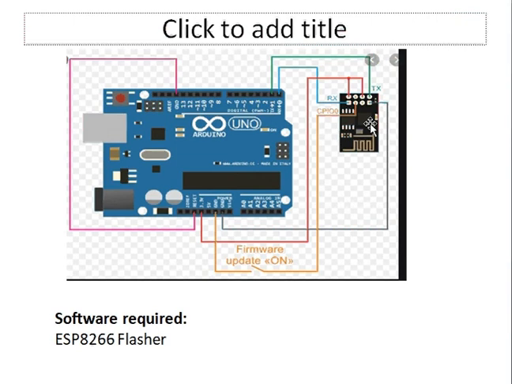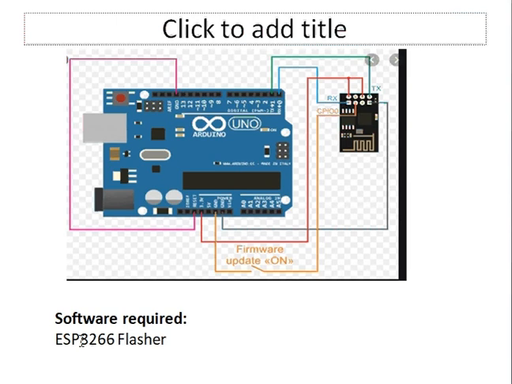So when you purchase this ESP8266 IC online, the firmware will not be dumped in it. You have to dump the piece of code, which you call a firmware, into it. So this is the connection, the way to dump the firmware into an ESP8266. Those students who have already done it can just ignore the slide.